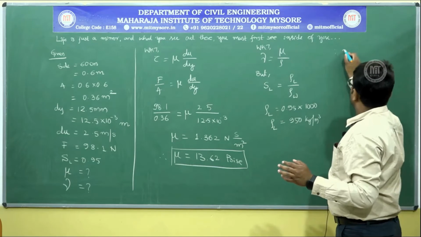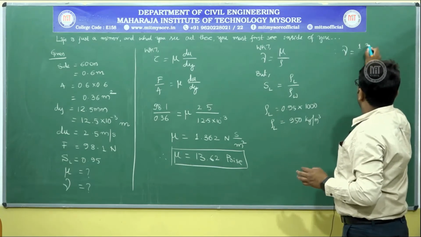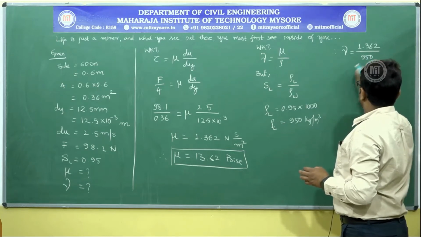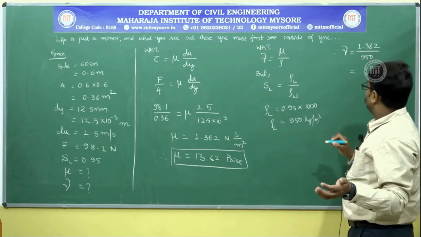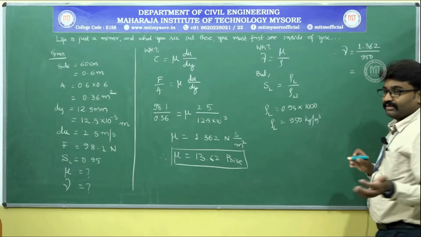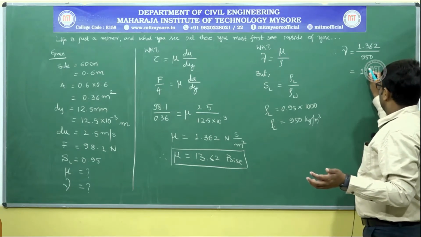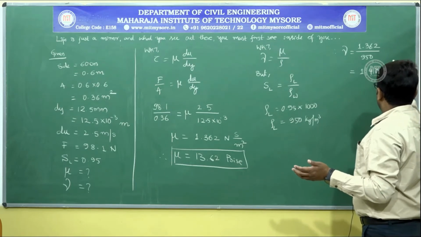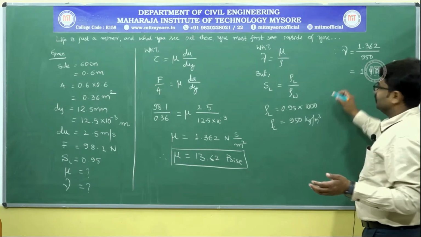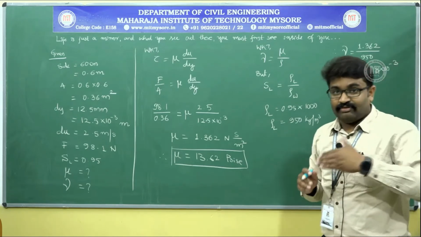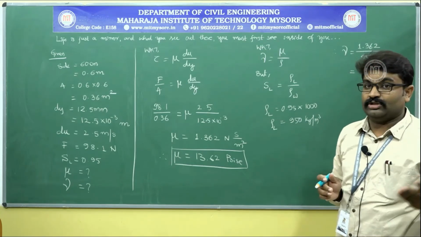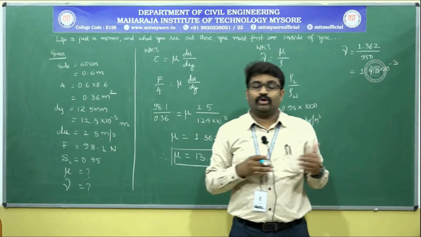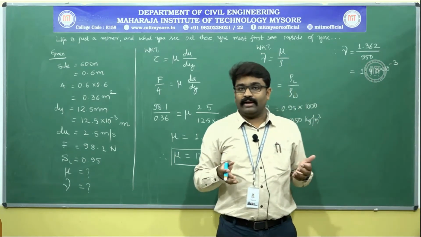Therefore, nu is equal to 1.362 divided by 950. How much is that? 1.362 divided by 950 is 1.43 into 10 power minus 3. To convert this from SI unit to Stokes, what should be done? You know that for converting from Stokes to SI unit, you would multiply it by 10 power minus 4.